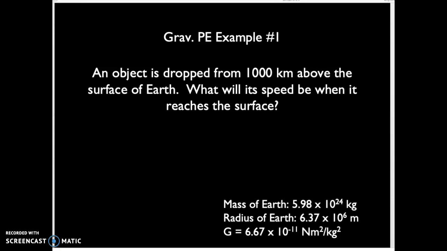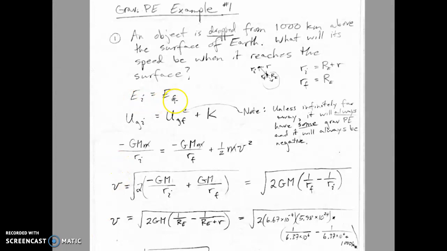So now that we've seen this strange equation, let's see how it's really useful. Here's the question. An object is dropped from 1,000 kilometers above the surface of the Earth. What will its speed be when it reaches the surface? Okay, so initial energy equals final energy. The initial is when it's 1,000 kilometers away, and that's only gravitational potential because it's not moving.